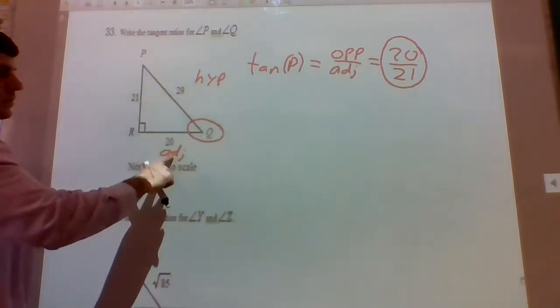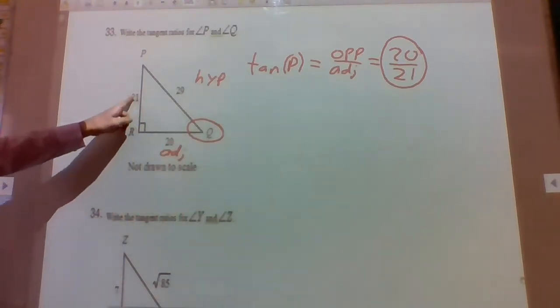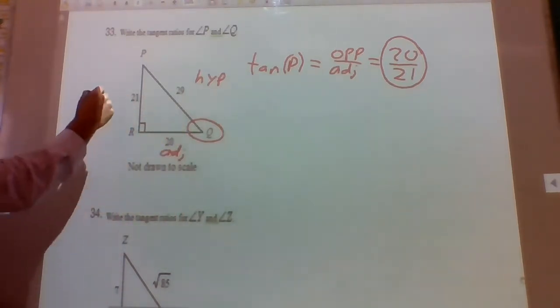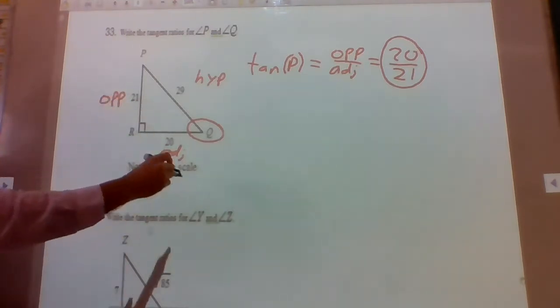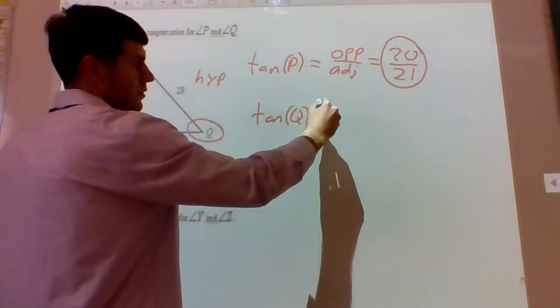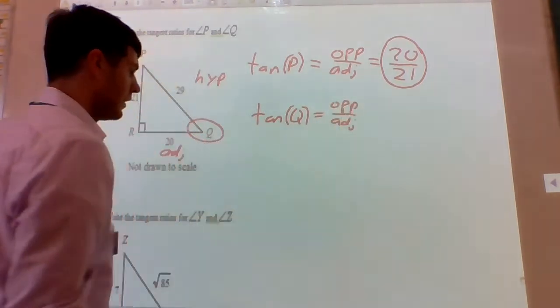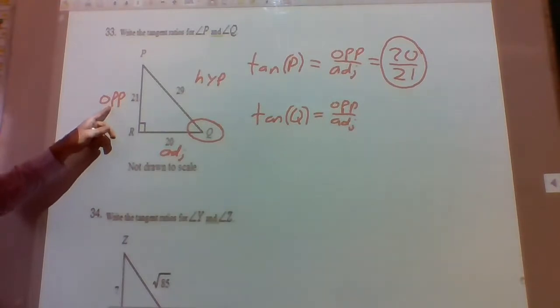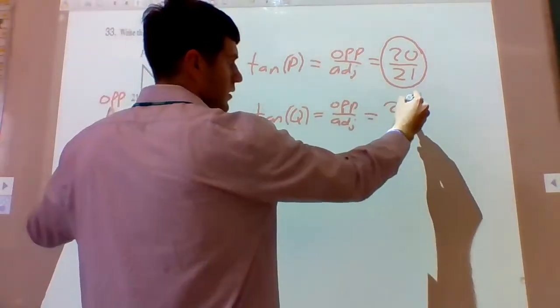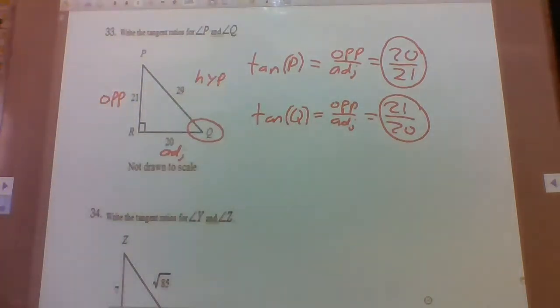It was opposite for P, but it's adjacent for Q. And 21 is across, so that one is opposite. Tangent of Q is opposite over adjacent. Opposite is 21, adjacent is 20, so that's the ratio for Q.